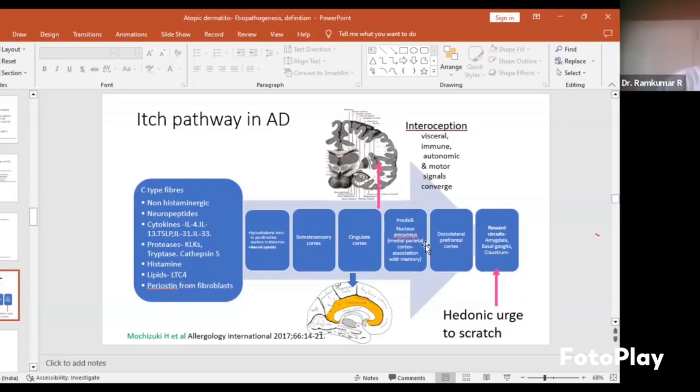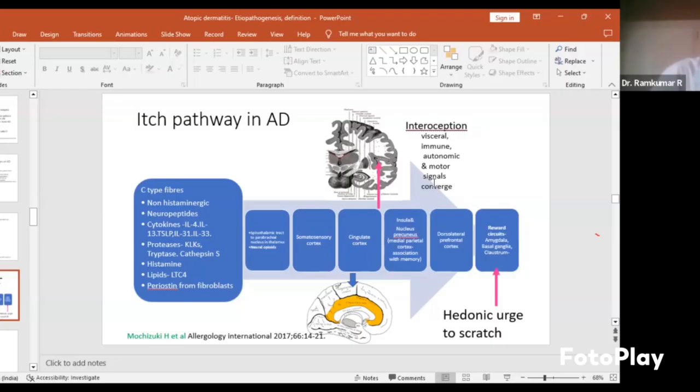So in atopic dermatitis, when the itch reaches the medial parietal cortex called precuneus, the person will throughout life, whenever he has a bad experience, recollect the itch episodes in his childhood, and this will further have an impact on his personality. And insula is the area where the internal sensation is recognized, for example, if you have a pleasant drink, you have a pleasant feeling.